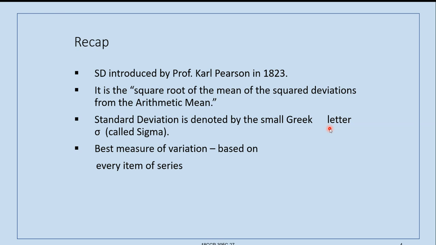So standard deviation is used in calculating those things. Likewise, there are so many measures of considering or taking the standard deviation while calculating those measures. So it is the best method. It is the best measure of dispersion which we are seeing.